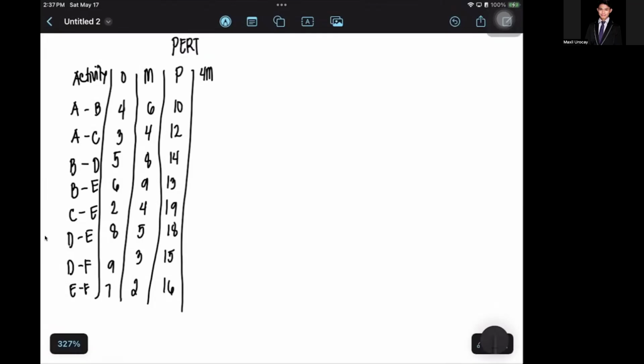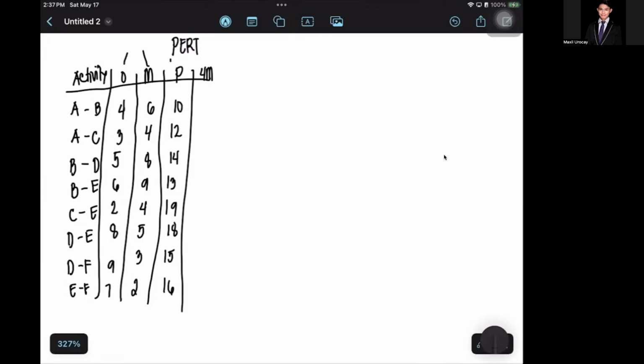Now, by calculating first the expected time, the first thing you have to do in order to achieve the expected time is to get the 4M, so that it will be basic for you. For the 4M, this is our O, the optimistic time, this is our most likely time, and this is our pessimistic time.